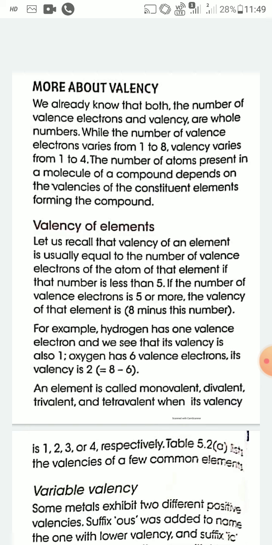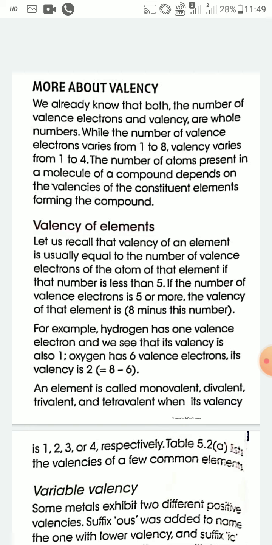So what I have told: if the number of valence electrons is 1 to 4, that is less than 5, then the valency is the same as the number of valence electrons, that is, valency will be 1 to 4. If an element has valence electron 3, then the valency of the element will be 3. If valence electron is 2, valency will be 2.